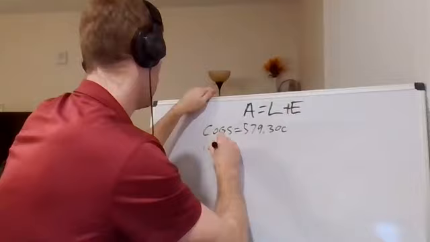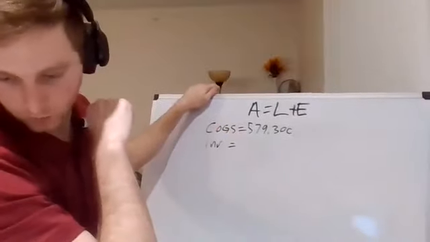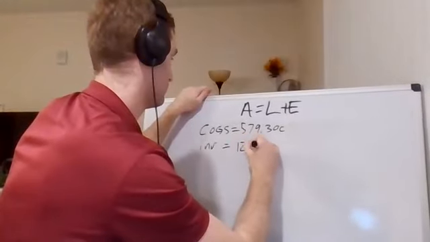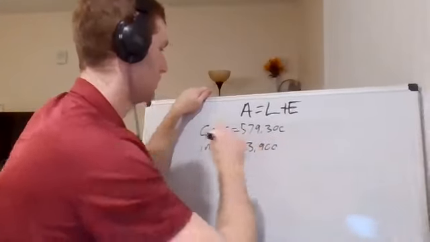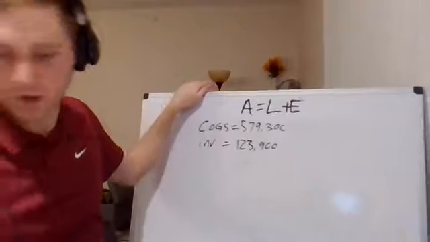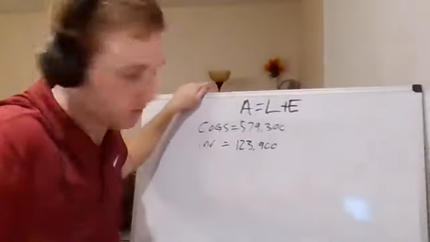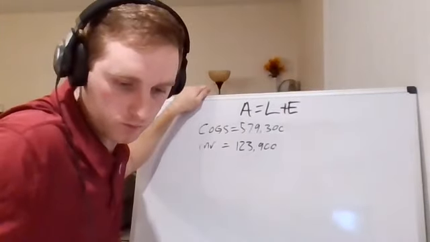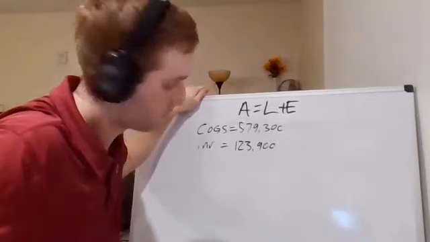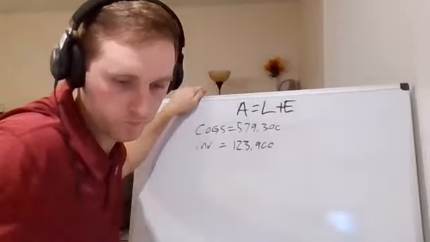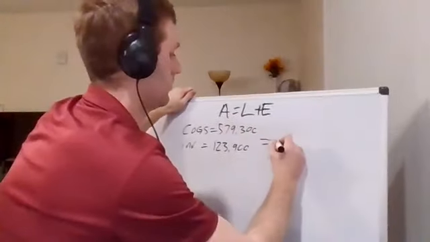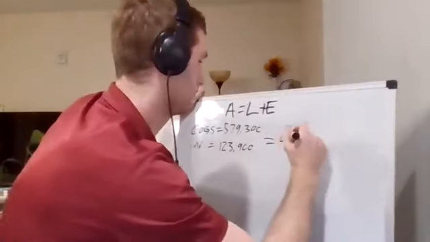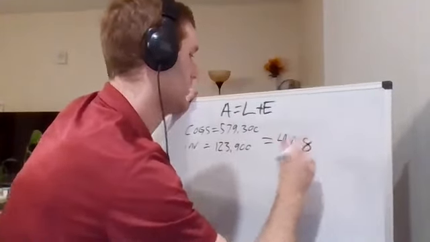Our inventory equals 123,900. So it's 579,300 divided by 123,900, which gives us 4.68. We'll round up.